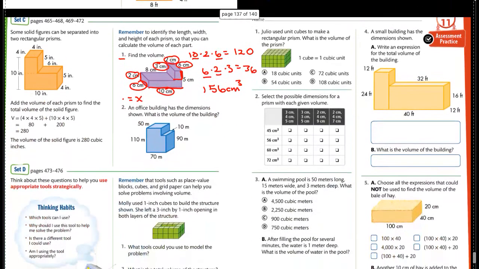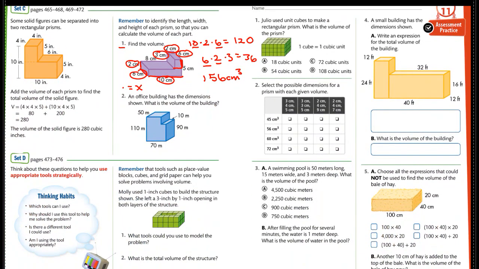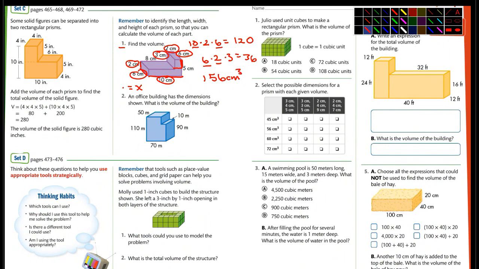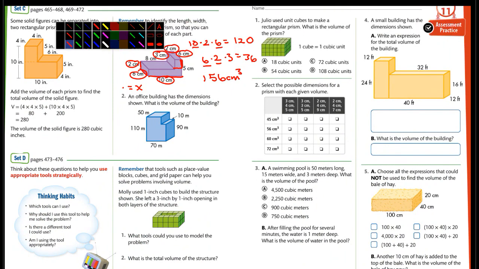Let's see here. Next page, which I actually have just on the right side here. A small building has the dimensions shown. Write an expression. Remember, an expression would not have an equal sign. For the total volume of the building.